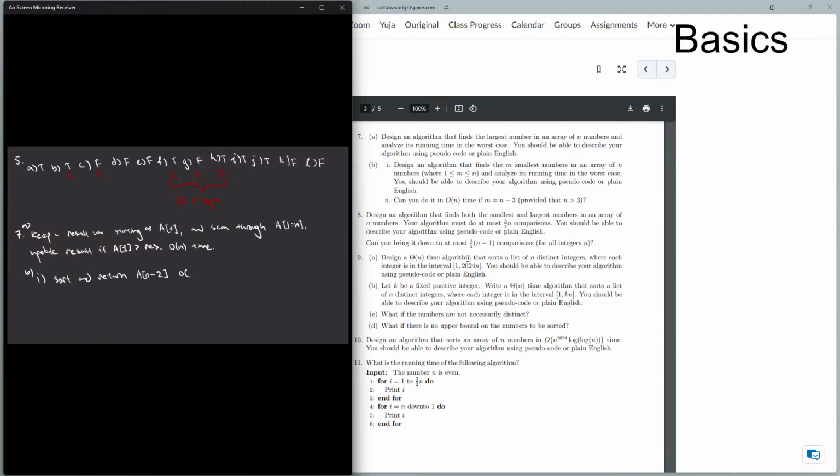That's O of n log n. And then, can you do it in O of n time if m equals n minus 3?